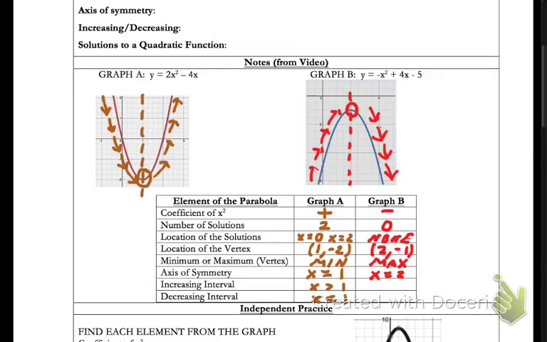So where is the parabola increasing? Well, it's going up when x is less than 2, and going down when x is greater than 2. And so those are the characteristics of the parabola that we're looking for. So there's one item below that I'd like you to try, then I'll come back with the answers here momentarily.